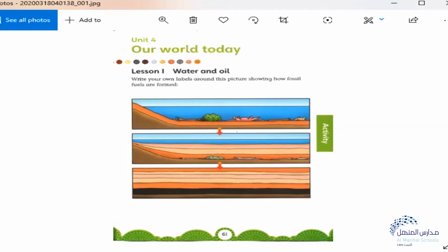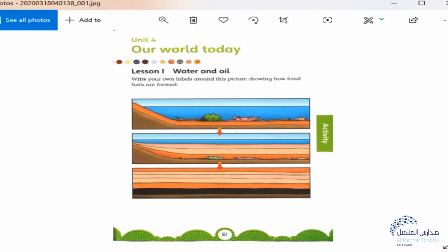Then you get again the rock and sand, the brown parts, then the dead animals and plants, and the white part, the fossil fuels. Kids, fossil fuels are the remains of dead animals and plants formed over millions of years. That's page 61.